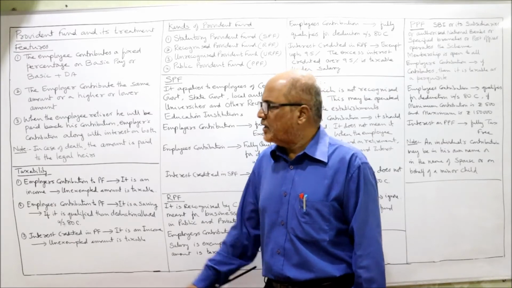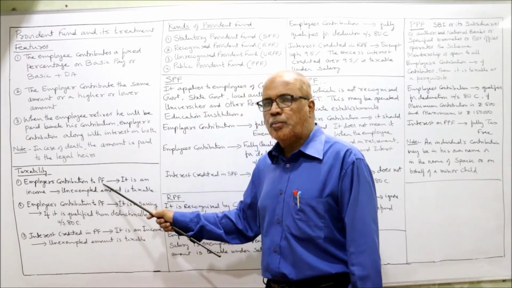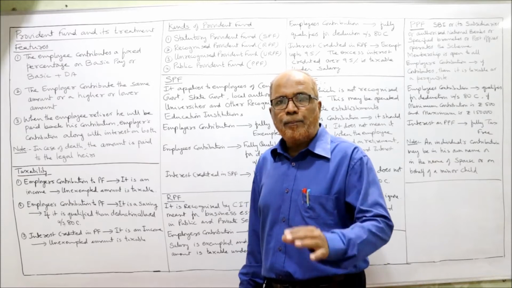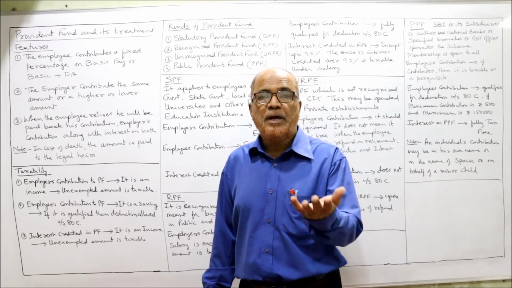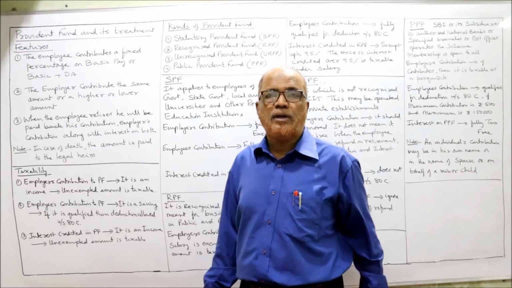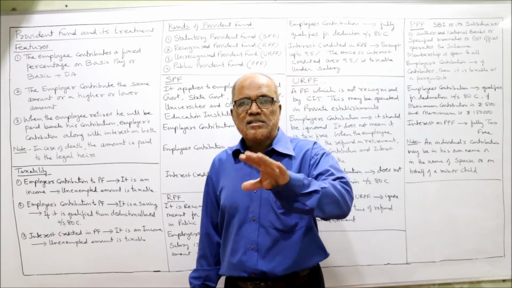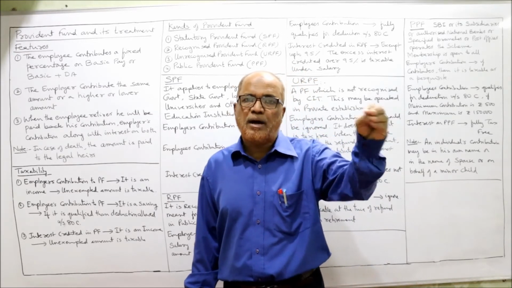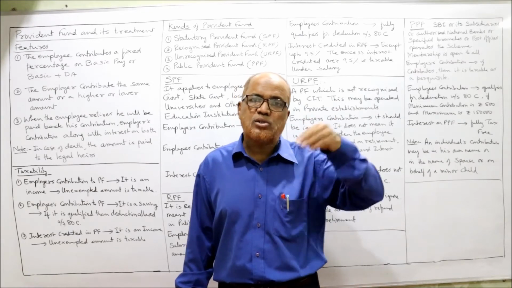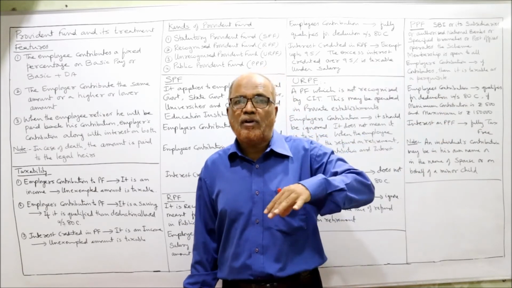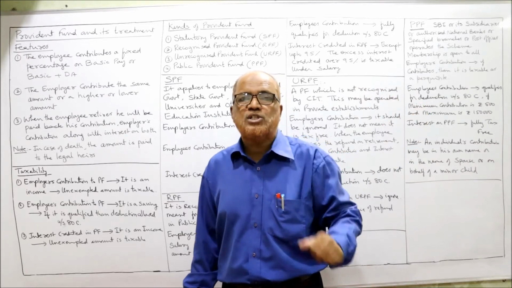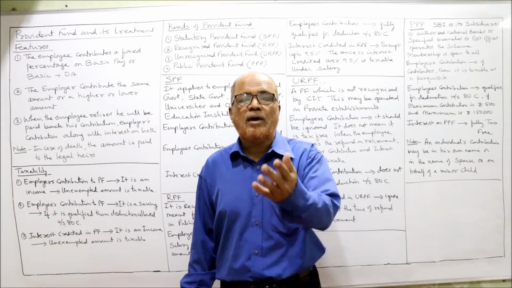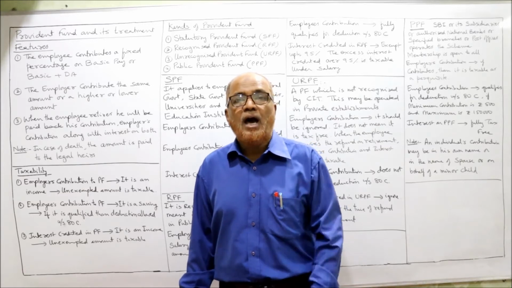Which one is taxable? Employer's contribution to Provident Fund. It's an income in the hands of the employee. Now X is depositing from his income and the employer is also contributing. So whatever the employer contributes in the account of the employee's PF, for the employee it is an income.